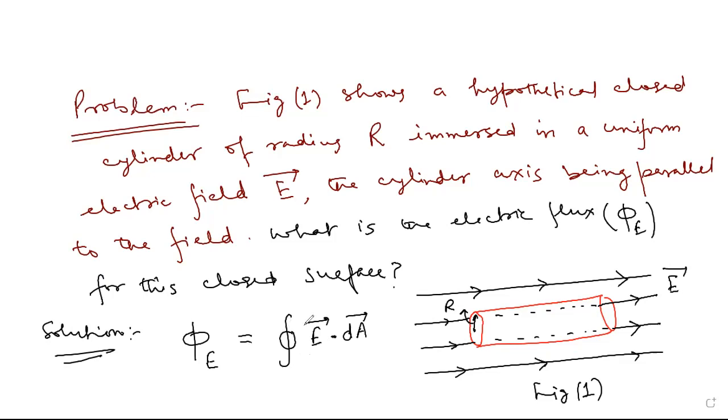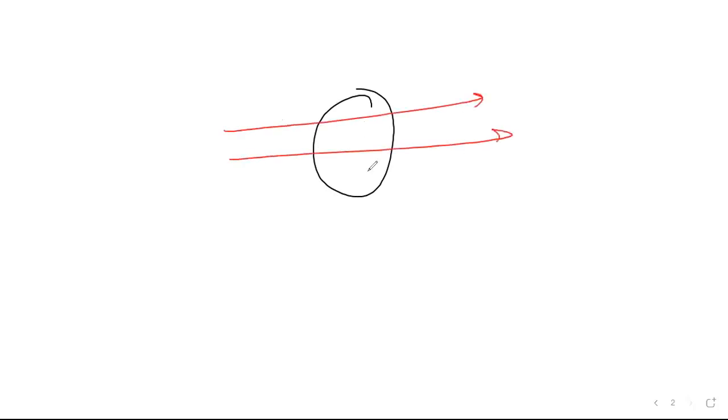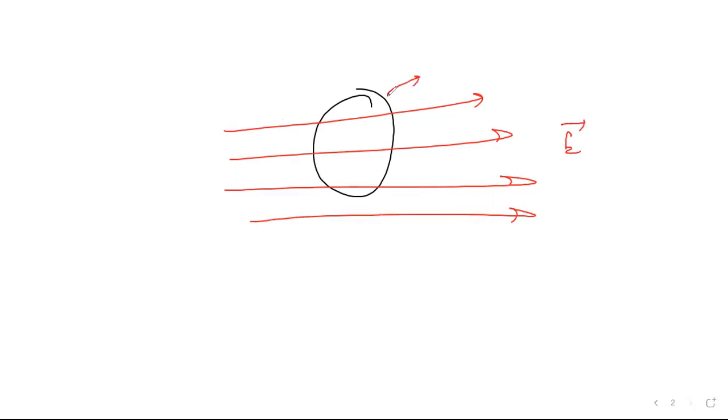Now when the surface is closed, then we have a convention. Let me give you a brief introduction to the flux. If there is a closed surface in some field, may be uniform or non-uniform, let me represent these lines representing some electric field. Now in that electric field, we have some closed surface.